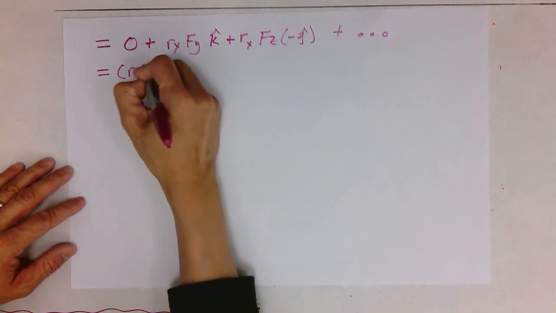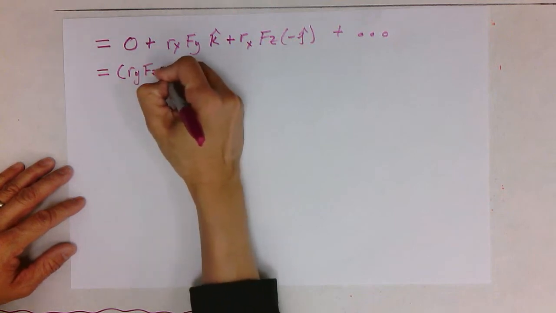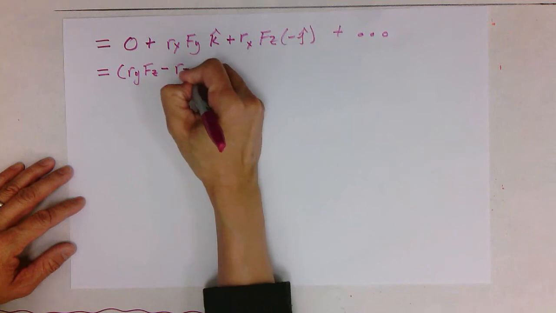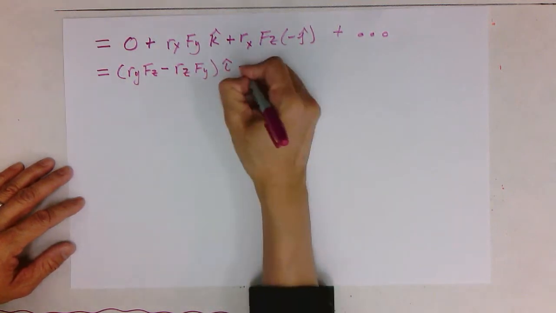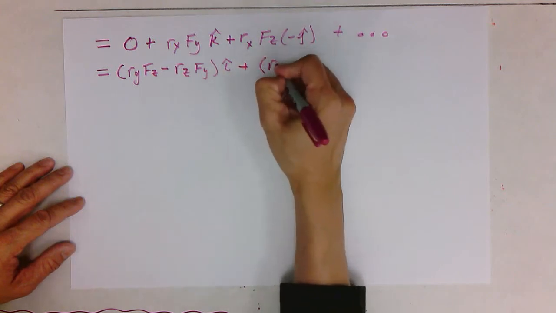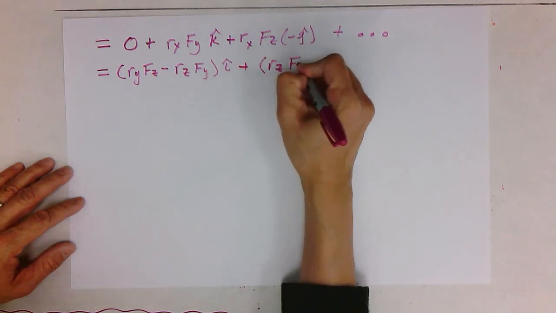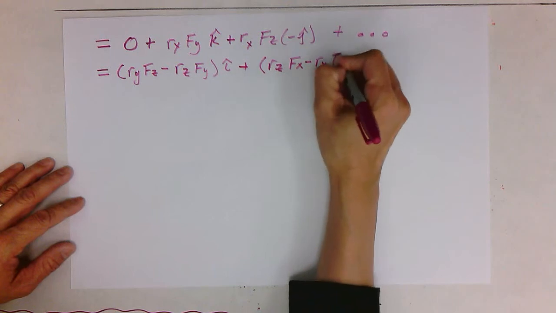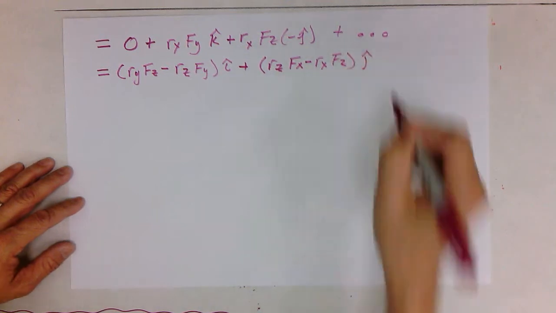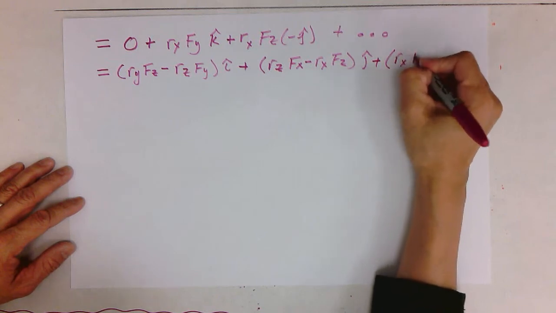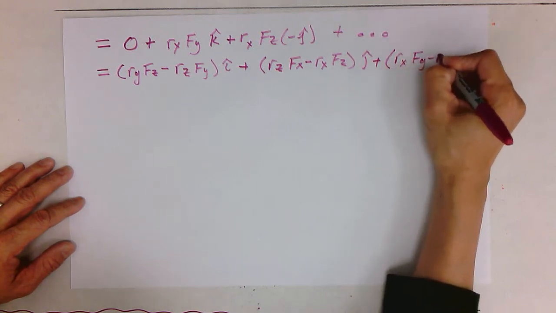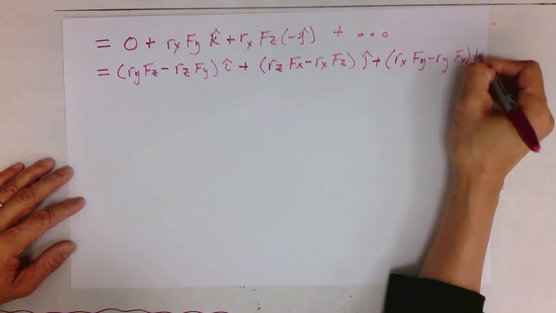a component in the x direction multiplied by i, a component in the y direction, j, and a component in the z direction, k.